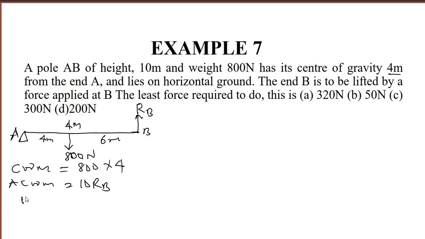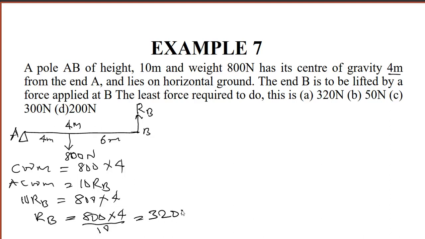So we can write 10 RB is 800 times 4. So RB will be 800 times 4 over 10. That will be 320 Newton. So the least force that must be applied at the end B to lift the pole is 320 Newton.